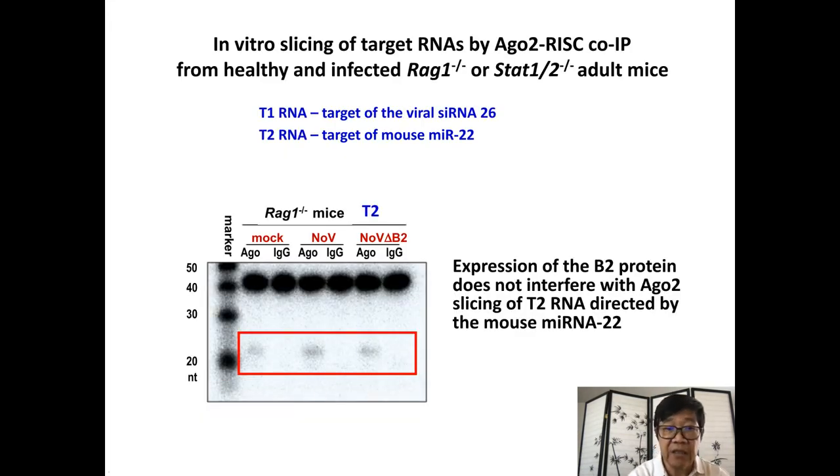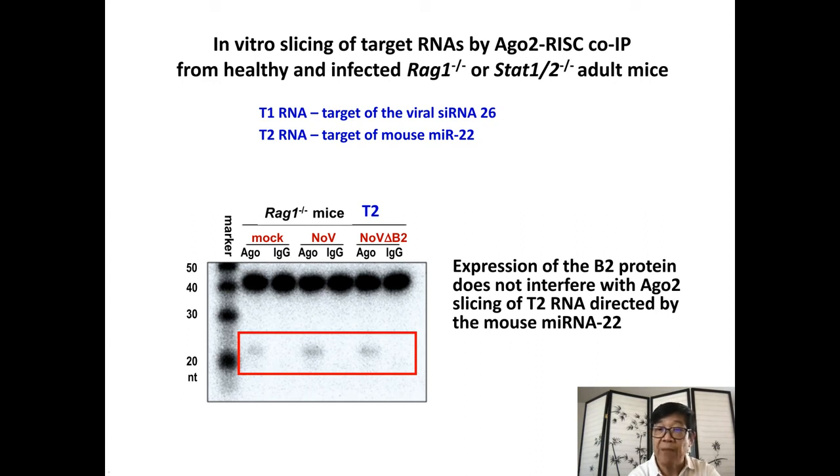And I think this is one of the last data slides. This compares expression slicing of microRNA in the Nodamura virus infected or mutant delta B2 infected mice.